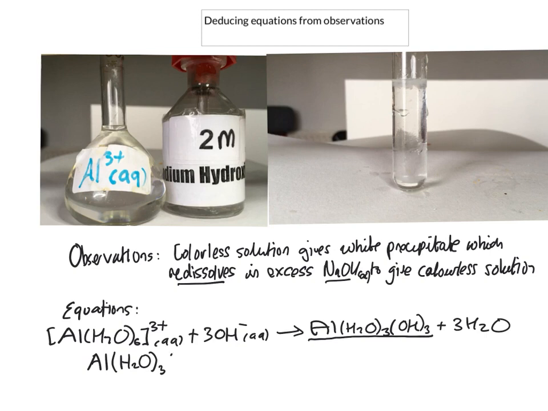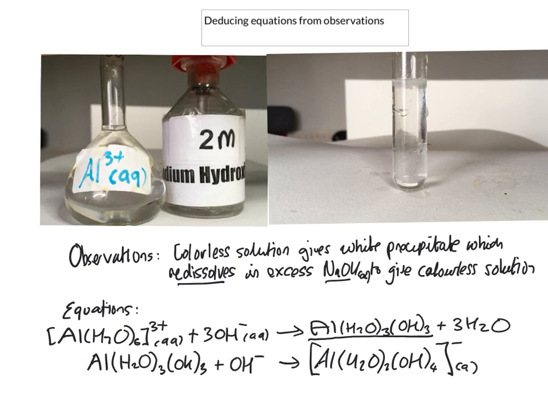So one H2O has been lost, so it's H2O 2, and now we've got 4 hydroxide ions, and because it now has a negative charge, it will redissolve again, and that reacted with 1 more hydroxide ion. So the hydroxide behaves as an acid and can lose yet another proton. And that's the end.